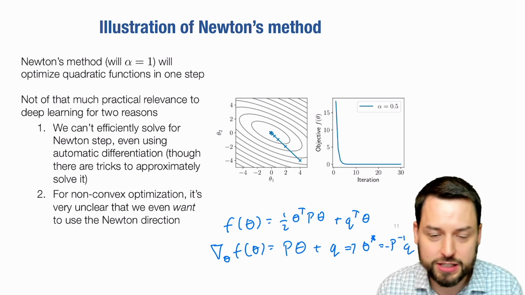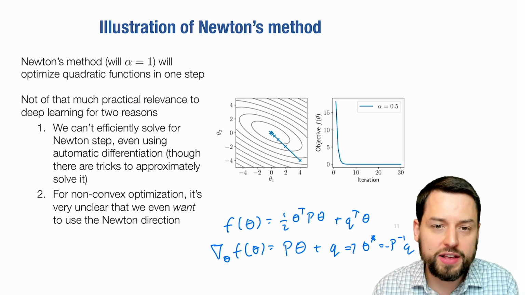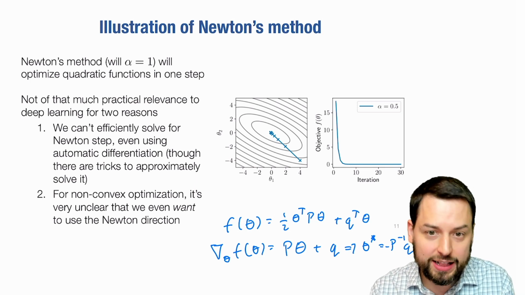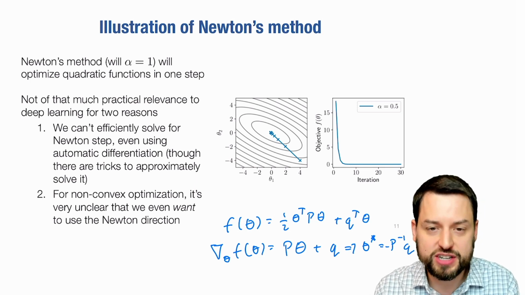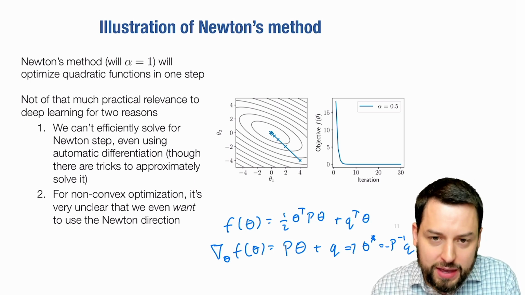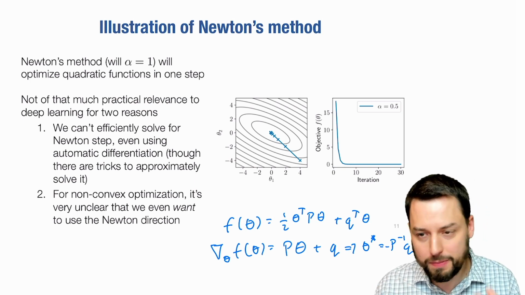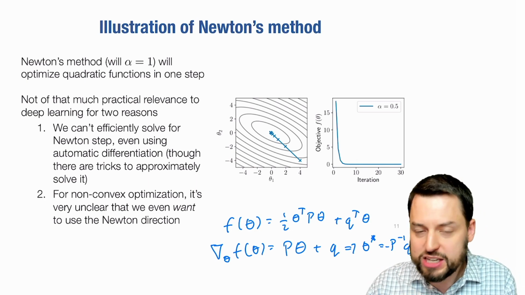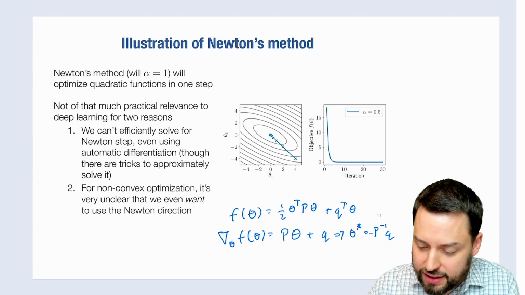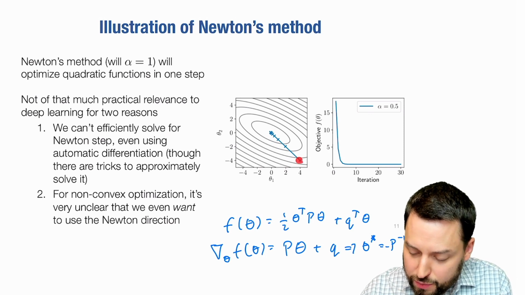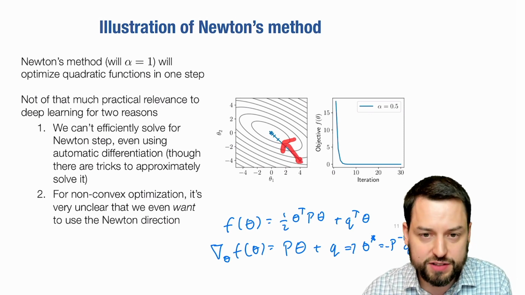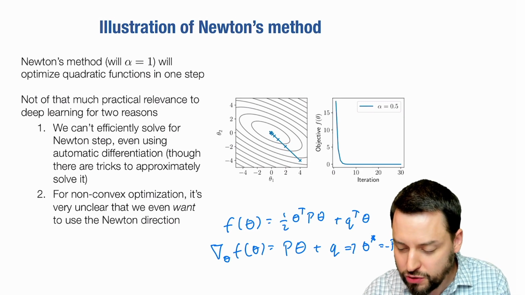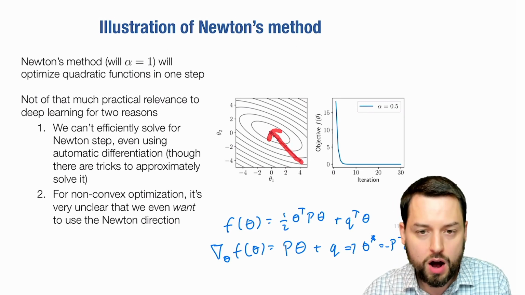You can verify this; it's quite easy to show. You can do that as an exercise if you want to. The point is that Newton's method will solve a quadratic function exactly. And the important point I want to emphasize in our discussion here is that, in some sense, Newton's method is finding the right direction of descent for this function, right? So it's always going directly towards our optimum.